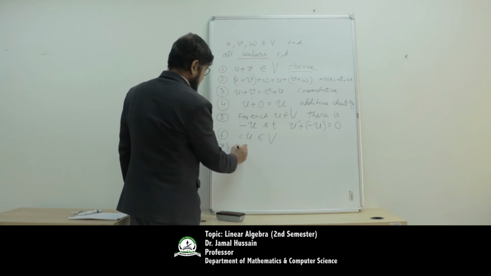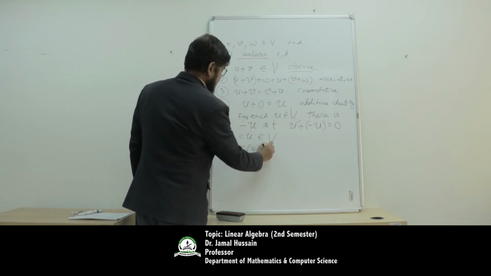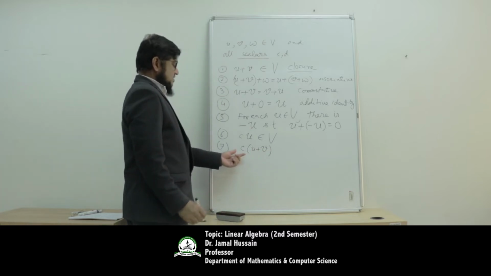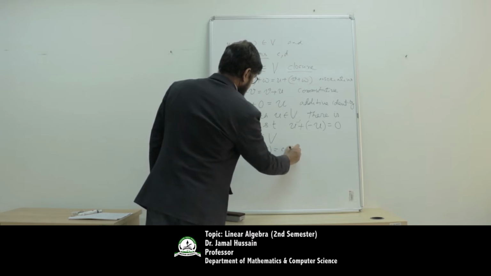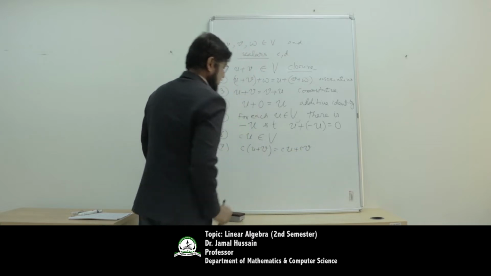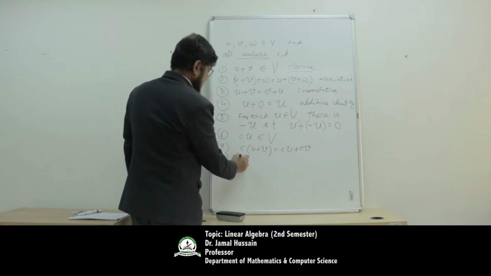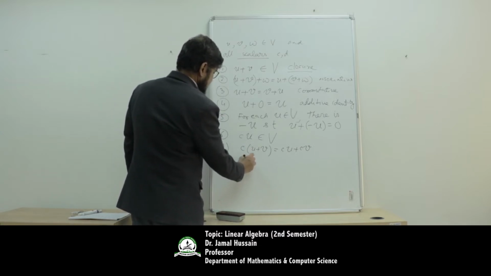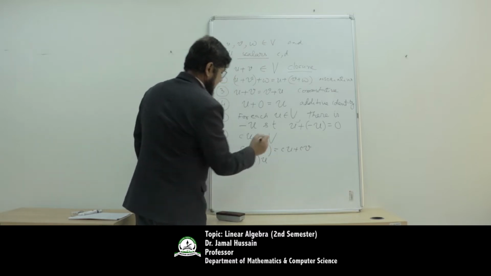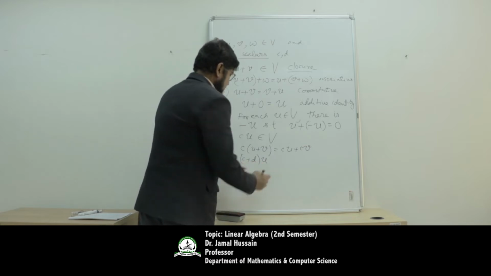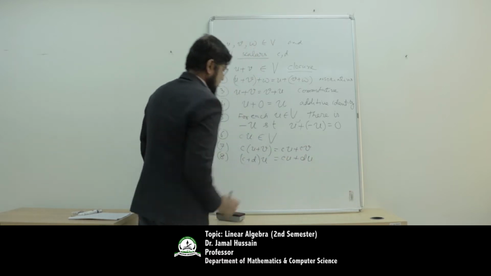And then if I multiply the sum of 2 vectors by c, it distributes over these 2, so it becomes cu plus cv. This is the distributive property. If two scalars c plus d are added and multiplied by a vector u, this also distributes, so it becomes cu plus du.